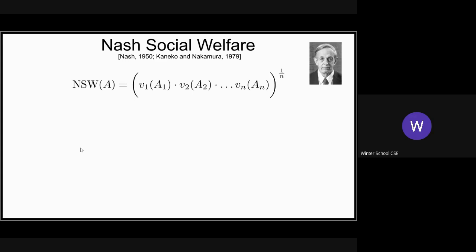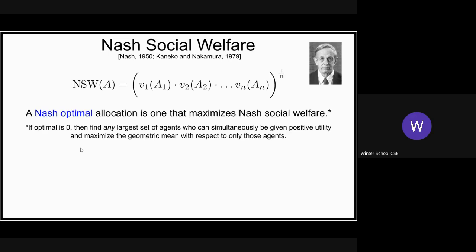That's what Nash social welfare is. Good? Okay. So with every allocation, you can associate a number, the Nash social welfare, and you can ask, which is the allocation that maximizes this number? It makes sense to maximize this objective. So that's what we are going to call a Nash optimal allocation.